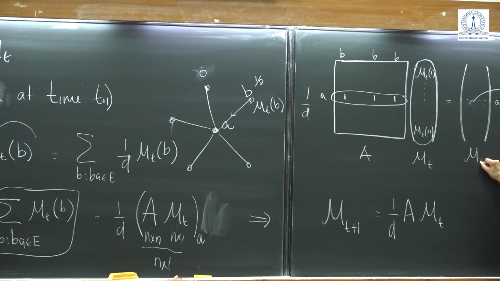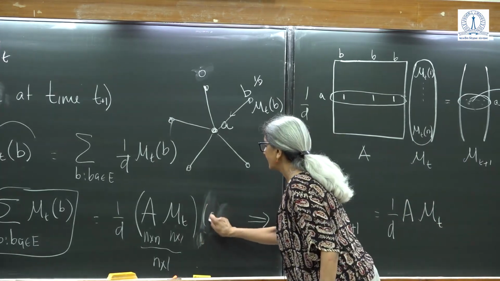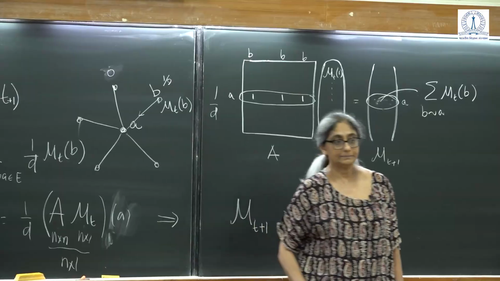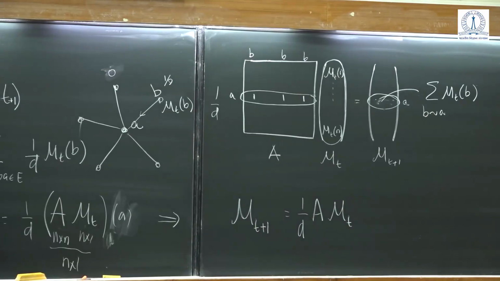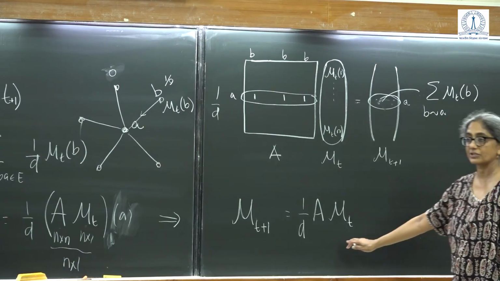This is mu t plus 1, but if I only want to know what's happening at the Ath node, I only look at this entry, which is what I mean here. So either we can write it like this, or we can put the A at the bottom. That calculation was for a single node, and now we look at the entire measure for all nodes, and this is the equation you should get, right?